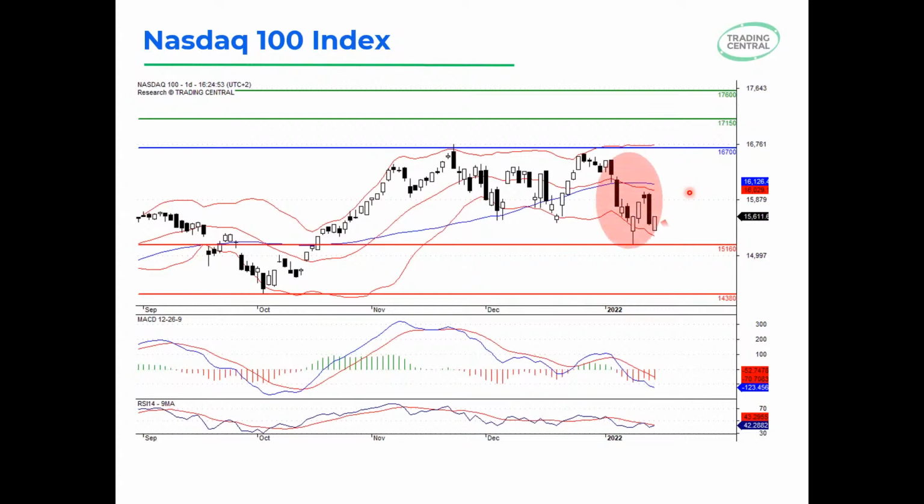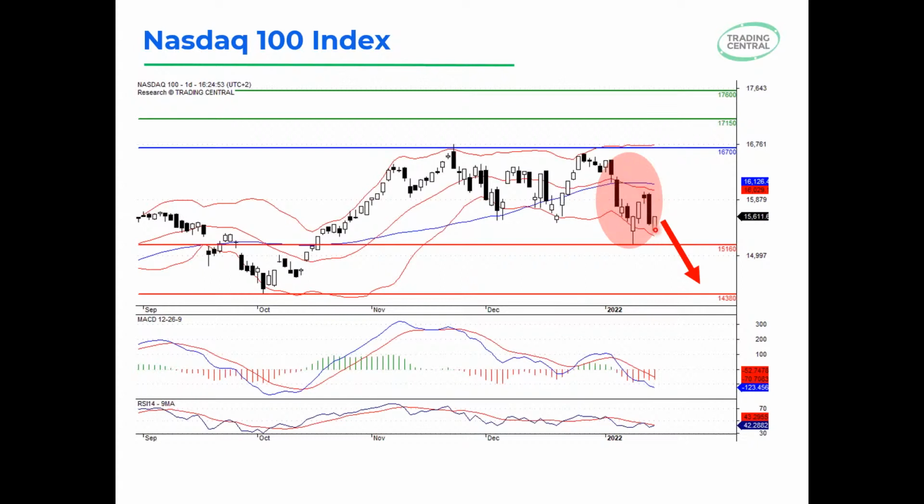Now, first of all, still remember our routine. First, we look at the pattern, and then we look at the indicator. Okay. Still remember the moving average. The 20-day moving average, the red line, has crossed below the 50-day moving average, the blue line.